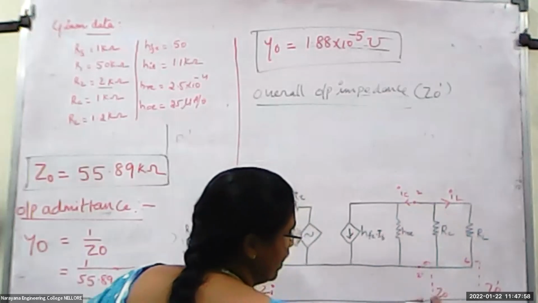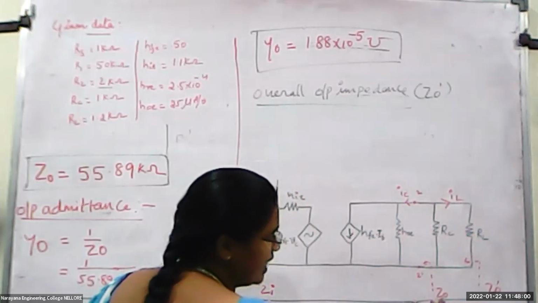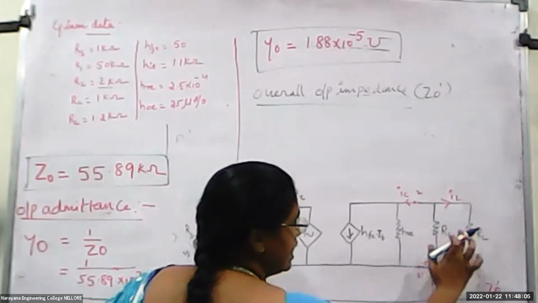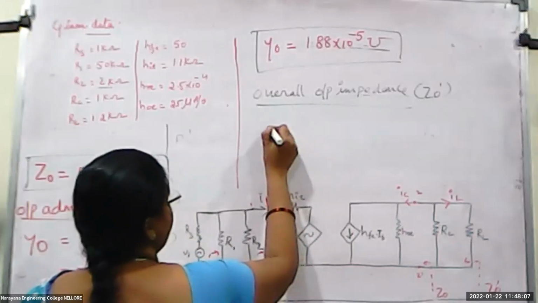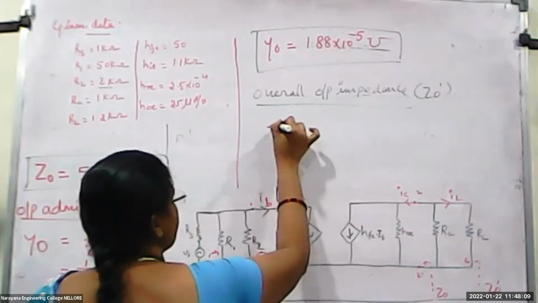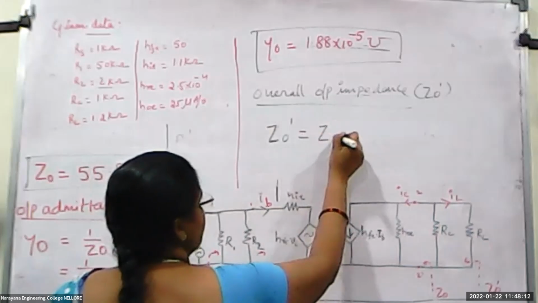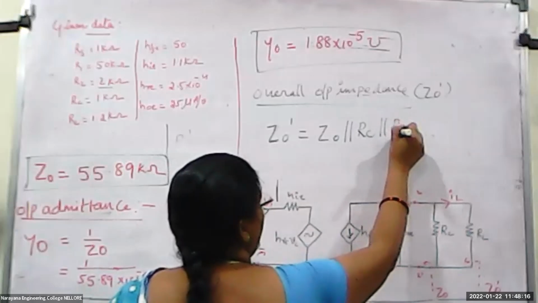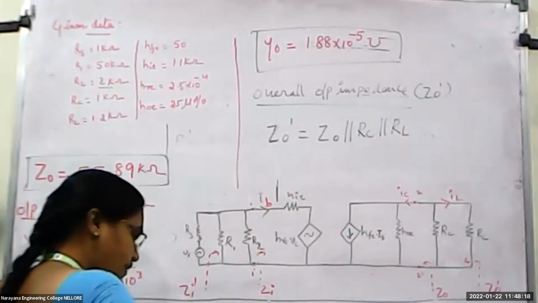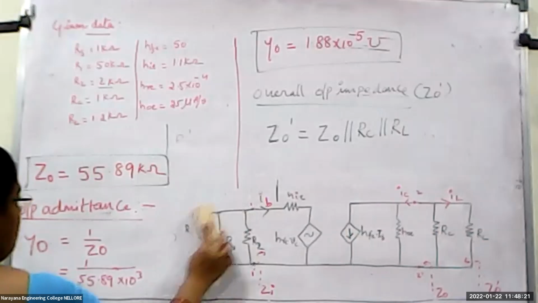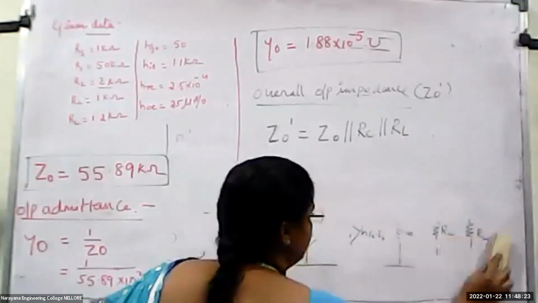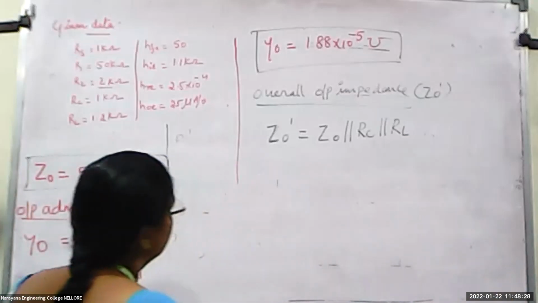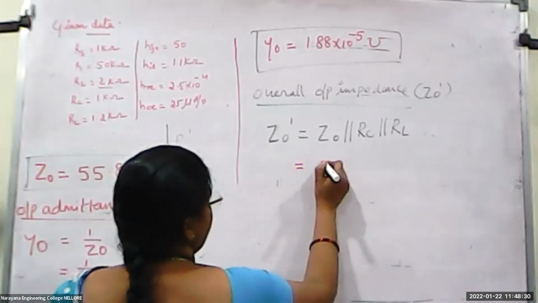Here at this 4 to 2 we are getting output impedance as Z naught. This Z naught is parallel with RC and parallel with RL. So Z naught dash is equal to Z naught parallel with RC parallel with RL. Substitute the RC and RL values.